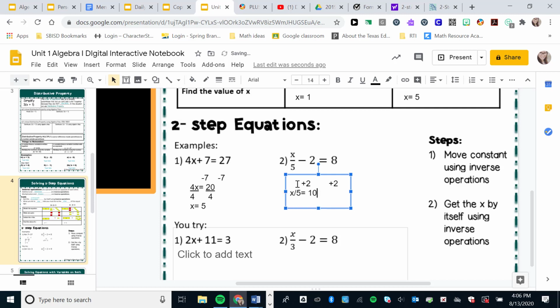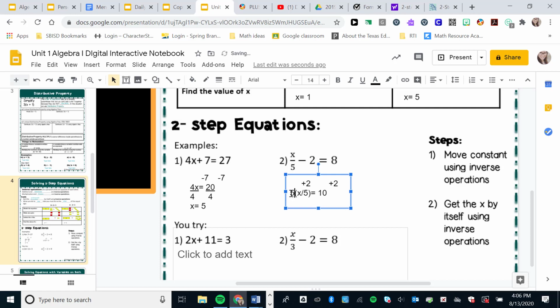So fractions are division. So you heard me say x divided by 5. Yes, fraction is division. So whenever we have something like this, where there's a 5 and an x on top, we're going to do the opposite of division, which is multiplication. So I'm going to multiply both sides by 5.